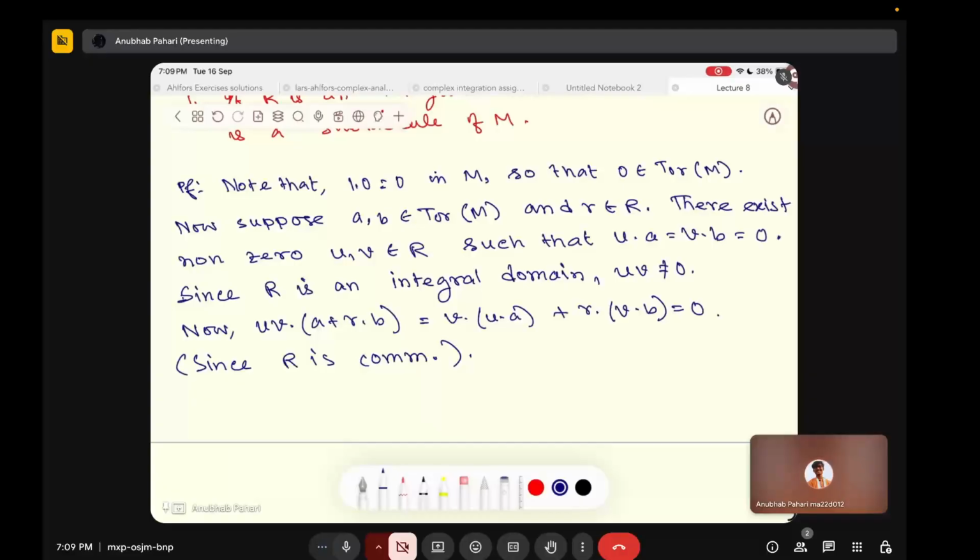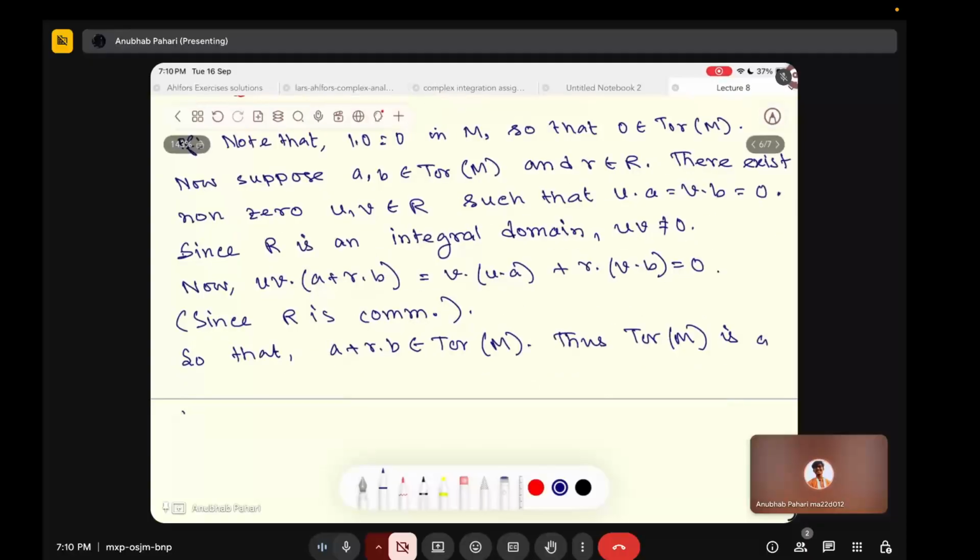So that we have a plus r dot b is in torsion of M, thus torsion of M is a submodule of M.